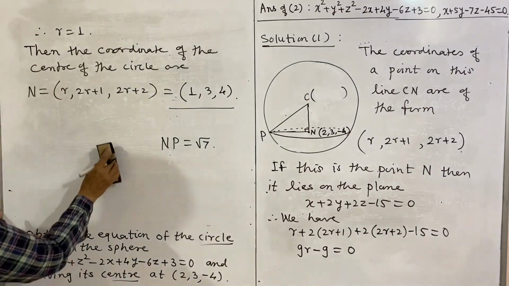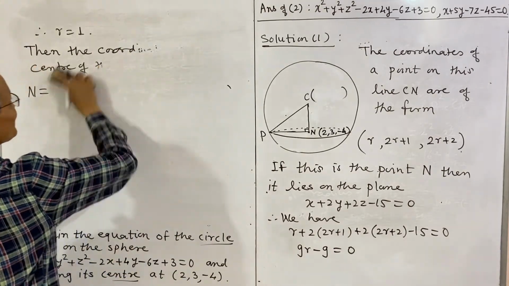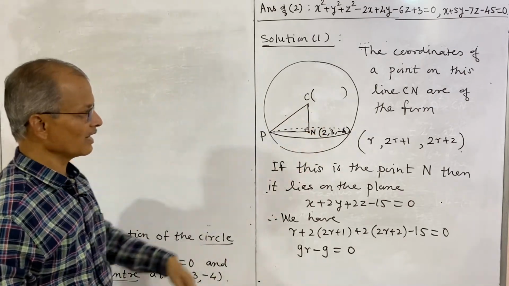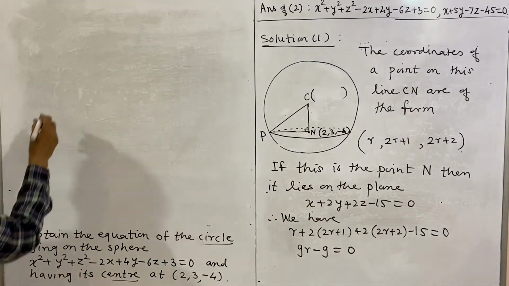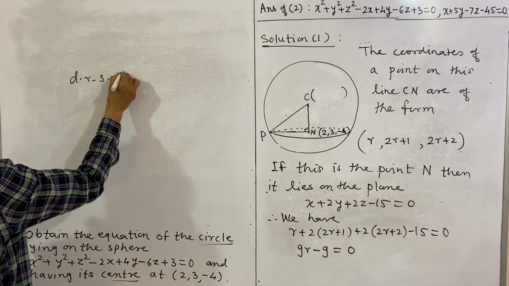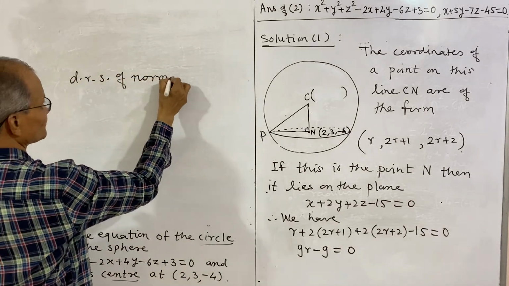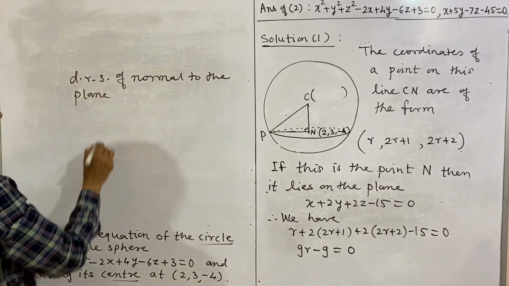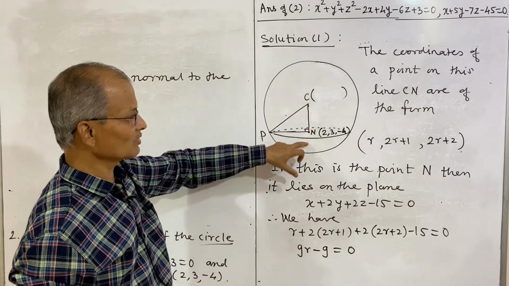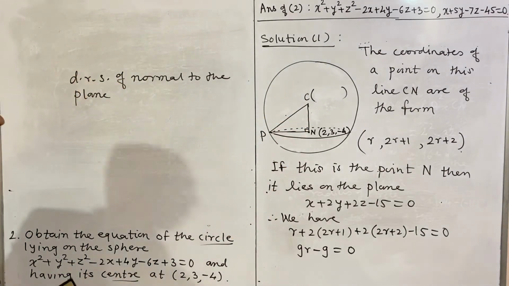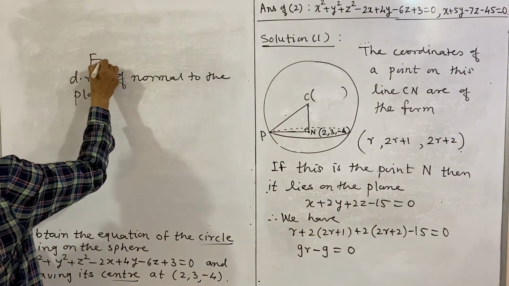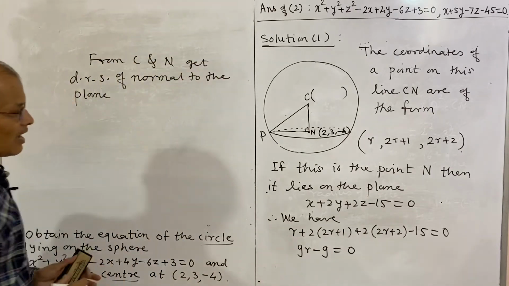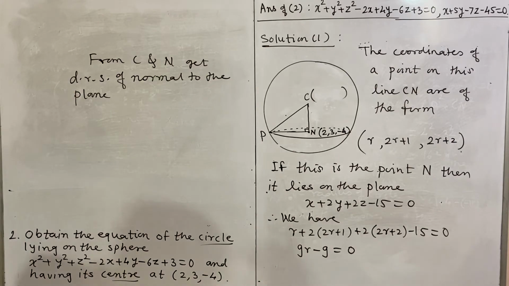So we can get the coordinates of C and N, and from C and N we can get the DRs of the normal to the plane, obtained from the difference of C and N along CN.